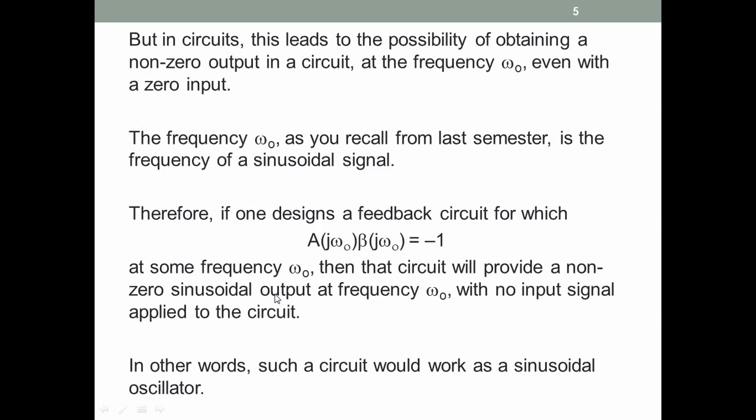And that output will of course be a sinusoidal output, because by definition this condition is satisfied for a sinusoidal frequency which is omega 0. So this circuit will exhibit a sinusoidal output with no input signal applied. This circuit is called a sinusoidal oscillator: a circuit that exhibits a sinusoidal output with no input applied is called a sinusoidal oscillator. Okay.